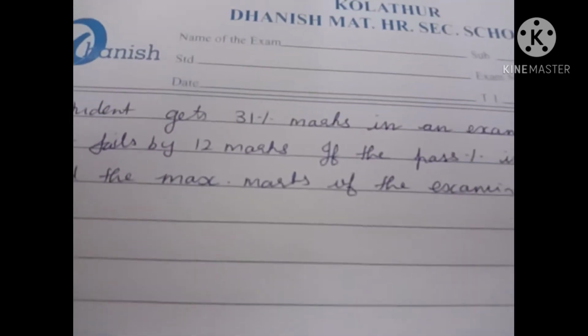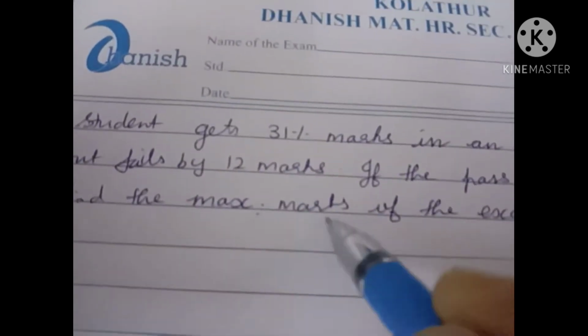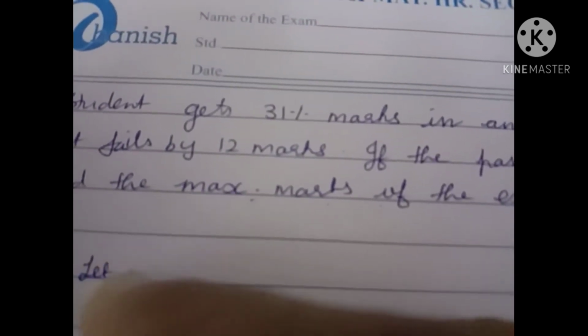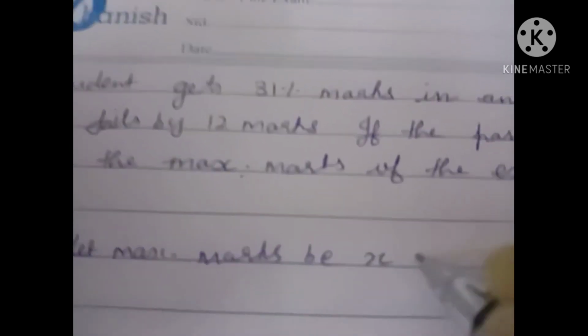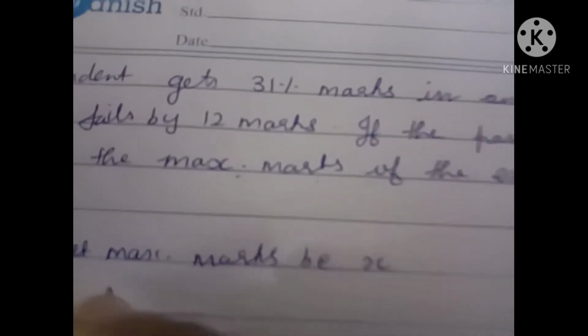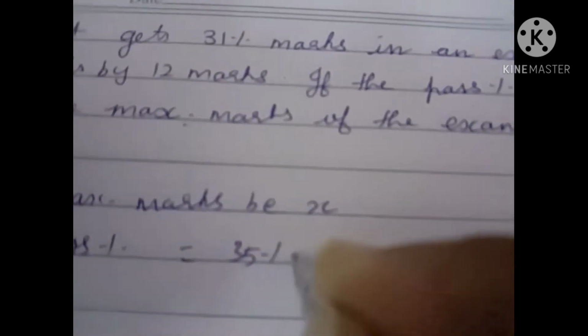Question: A student gets 31% marks in an examination but fails by 12 marks. If the pass percentage is 35%, find the maximum marks of the examination. So we don't know the maximum marks, so let the maximum marks be X. Then the pass percentage is 35%.